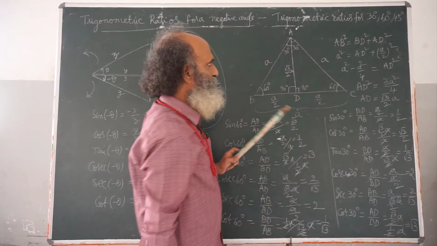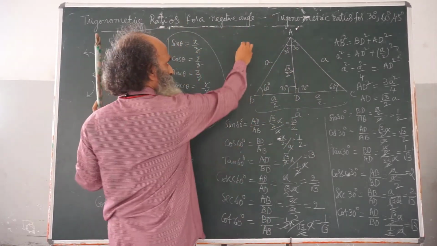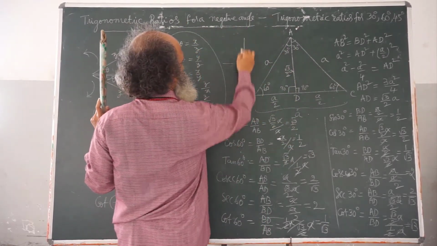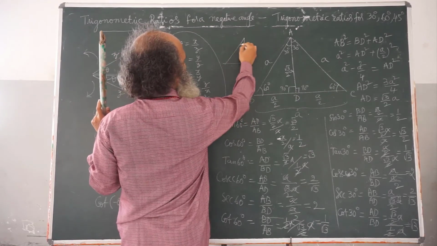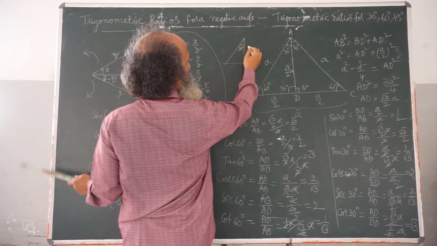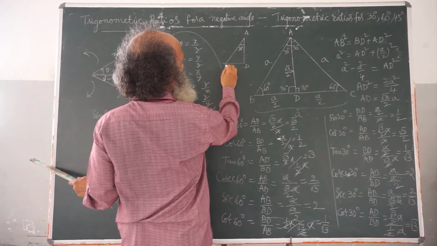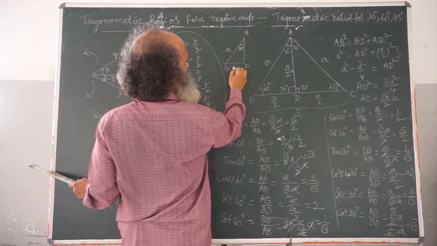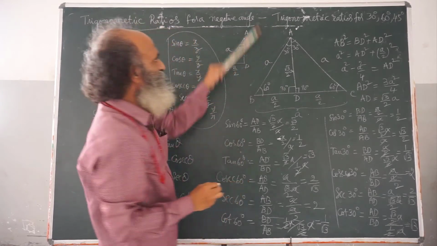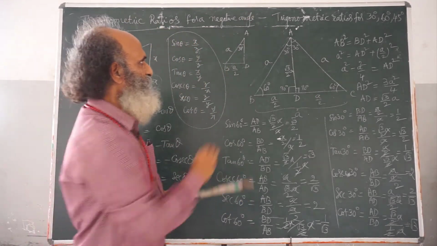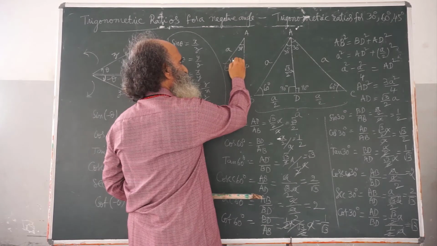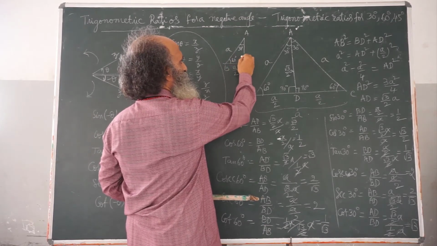This angle is 30. Now we have a right triangle like this. This is 30 degrees. This is A and this is A by 2. This is now the right triangle, and here this angle is 60 and this angle is 90.